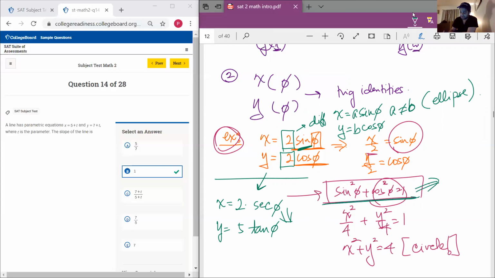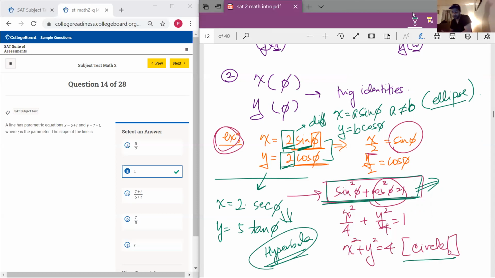I don't want to waste too much time, but I'll show you how to get them. Basically divide this one by sine squared, you will get the second one. If you divide the entire equation by cosine squared, you get the third one. Then you will end up with a hyperbola. So sine and cosine, depending on what the coefficient is, are going to give you the ellipse or circle, and otherwise you will get a hyperbola.